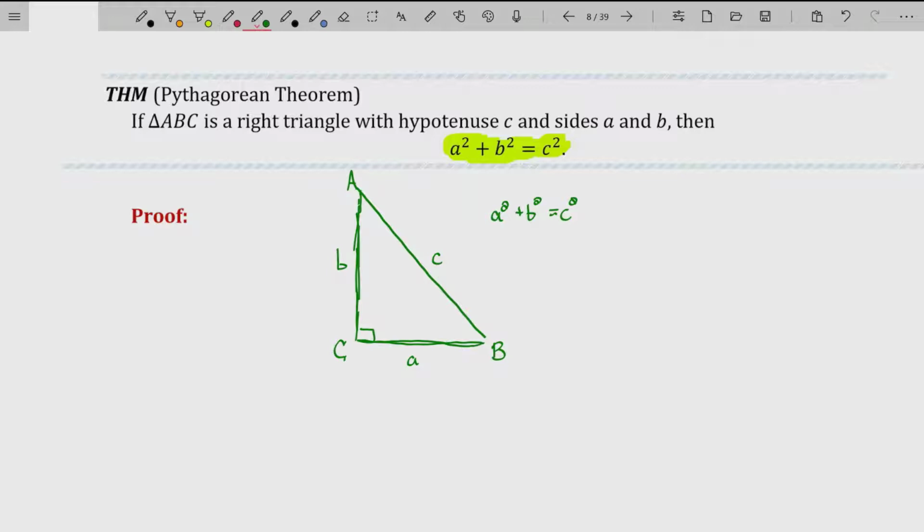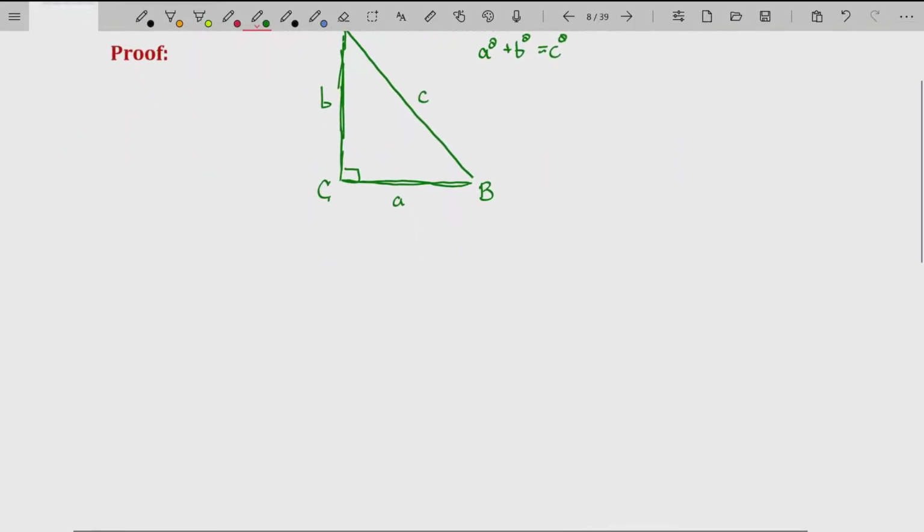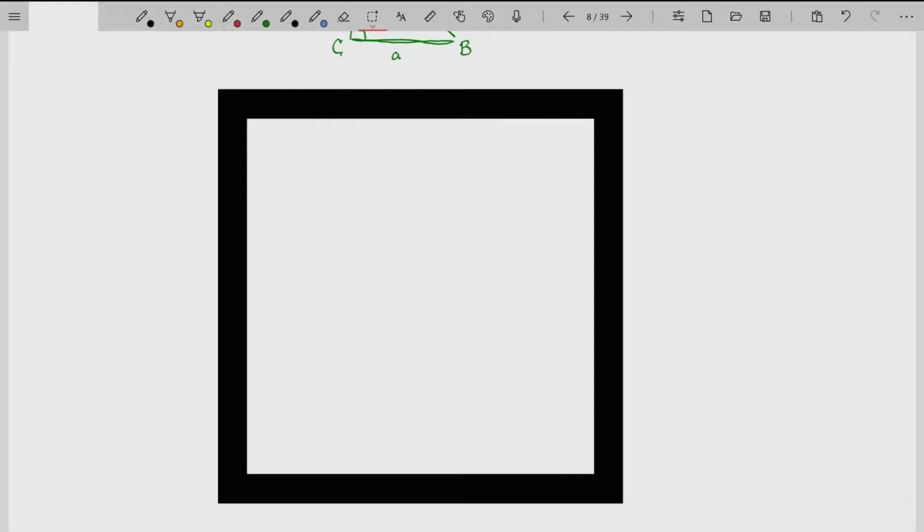Now there are over 300 proofs of this theorem, and even one of our old presidents, Woodrow Wilson, did a proof of the Pythagorean Theorem because he was a school teacher. So let's go ahead and actually do one of the simpler proofs, but it's a beautiful, beautiful proof nonetheless.